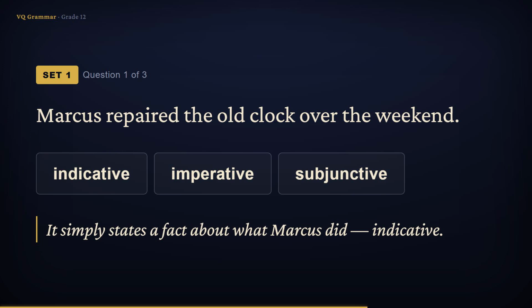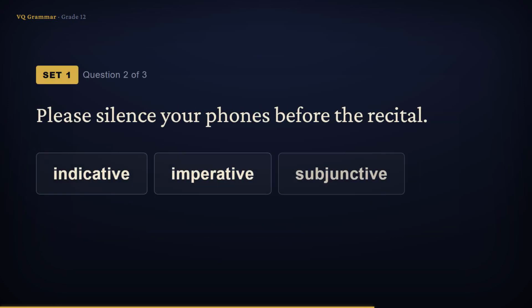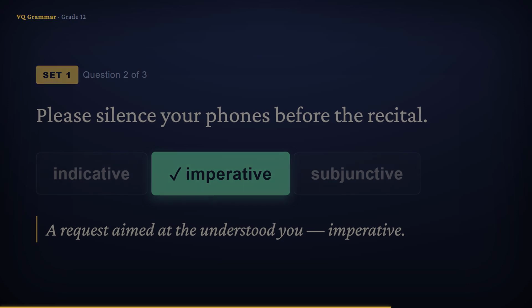It's just telling us what happened, plainly and truly. That makes it indicative. Please silence your phones before the recital. Notice there's no stated subject. It's aimed right at you, asking you to do something. That's the understood you, so this one is imperative.